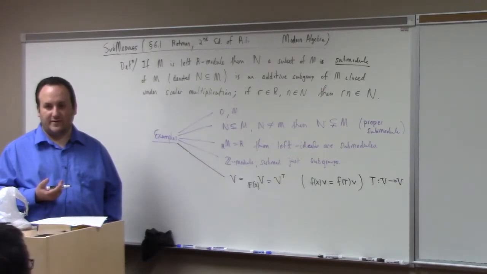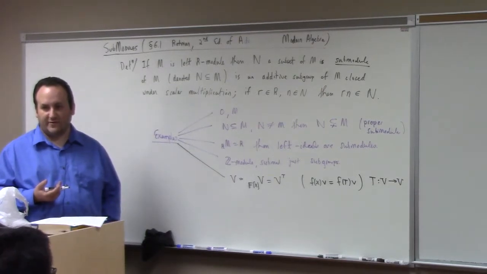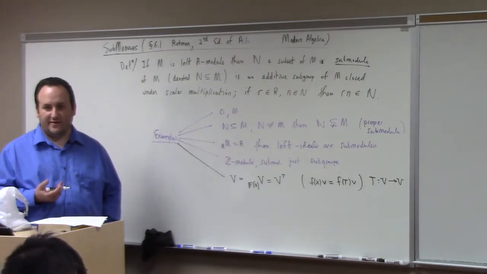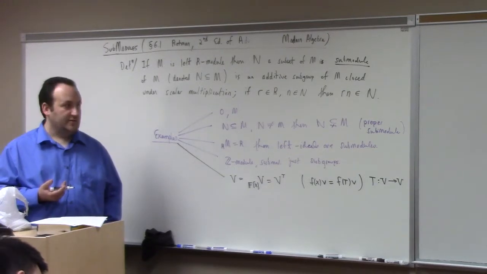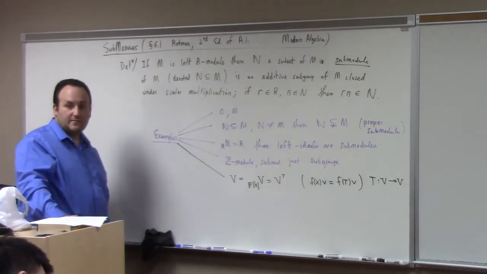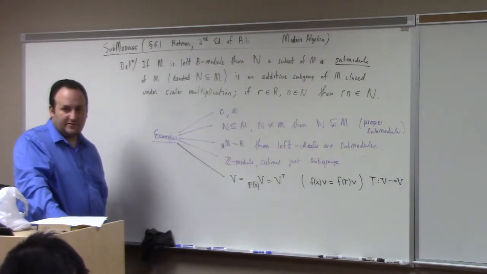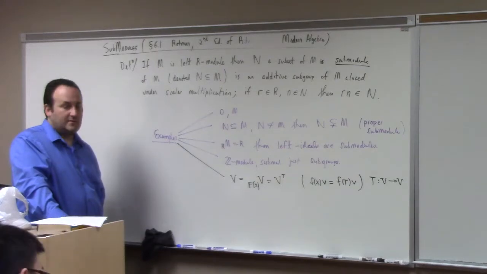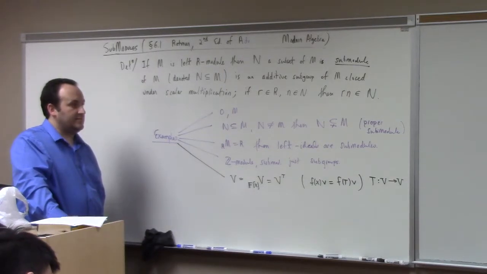Sure, for example, integers are closed under addition of real numbers, but if you scalar multiply them by pi, you're in trouble, right? Like pi times an integer is not an integer again. So just the start of the definition of submodule does not make it a subspace, right? We just have some subset which is closed under addition, and then we need this condition.